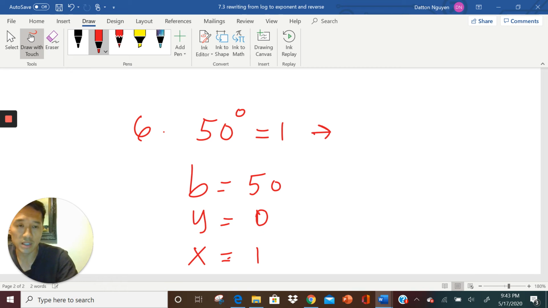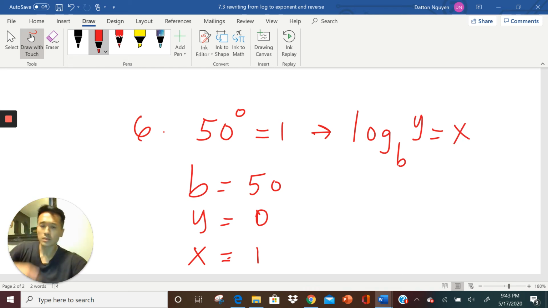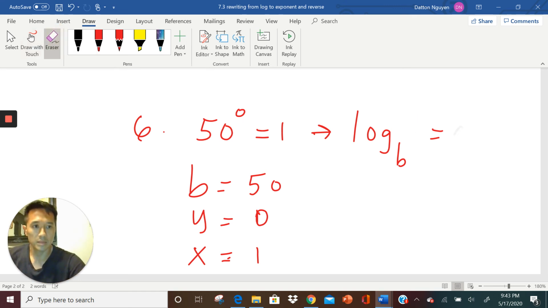So to translate this, I'm going to write log base b of y equal to x. Actually, I'm sorry, this should be x equal to y.